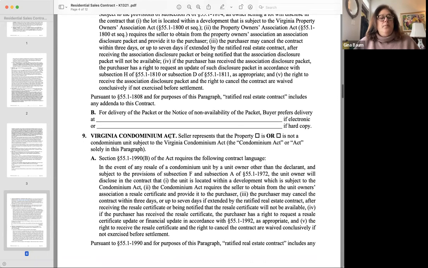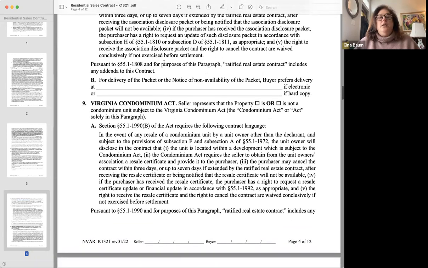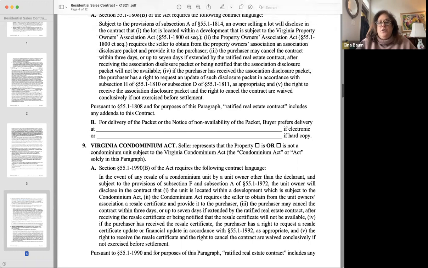Okay, so one of the things is that in this paragraph, you have to make sure that if you are the seller, the packet has been received. Delivery is constituted when the other side acknowledges receipt, right? So that's a little bit different than the normal delivery.